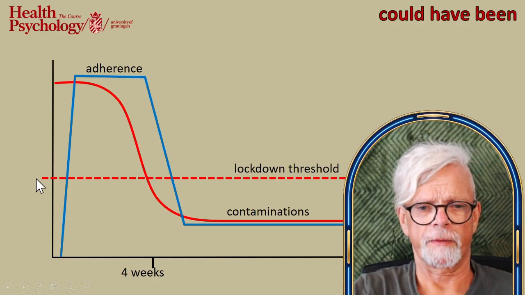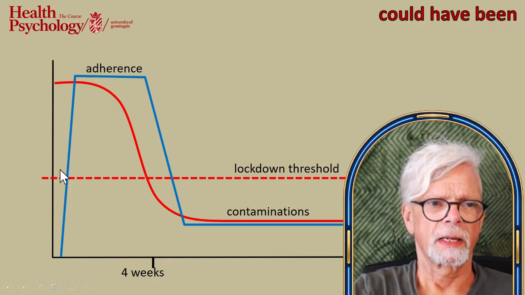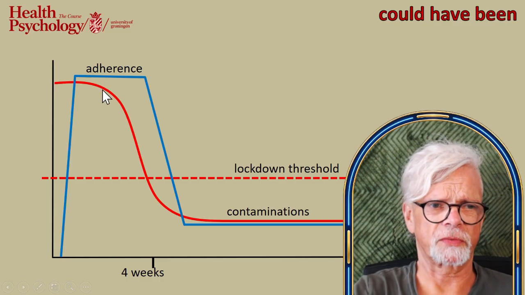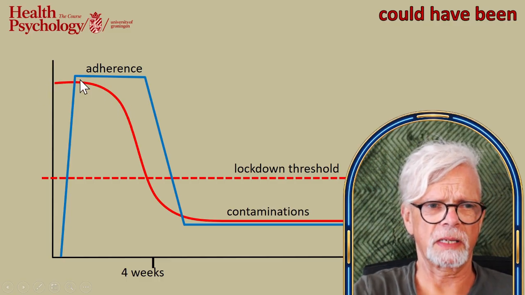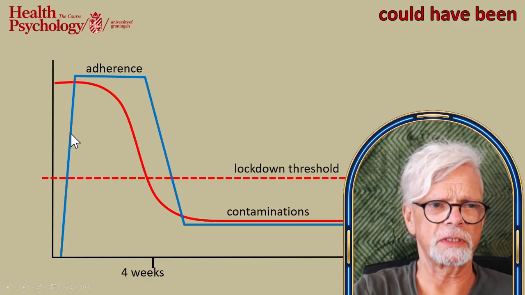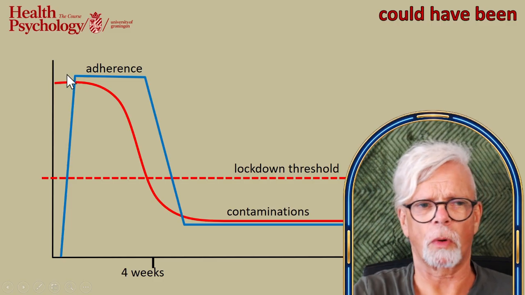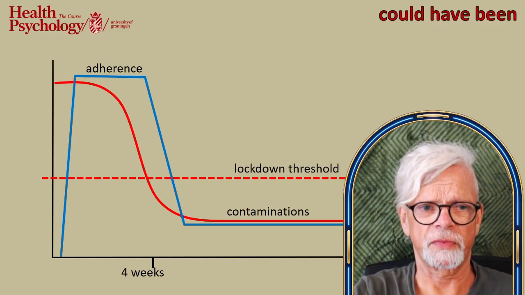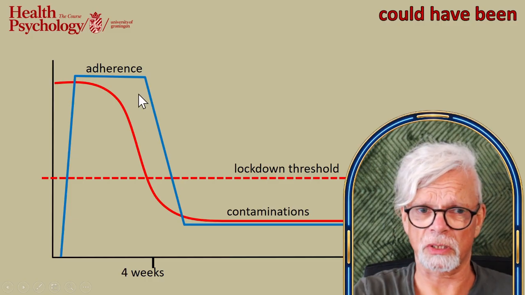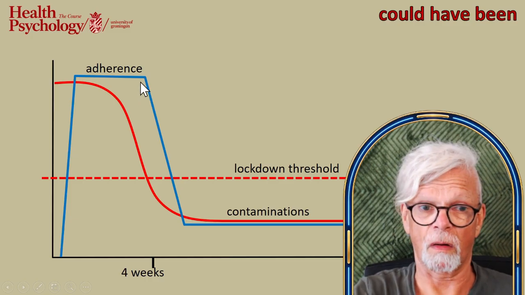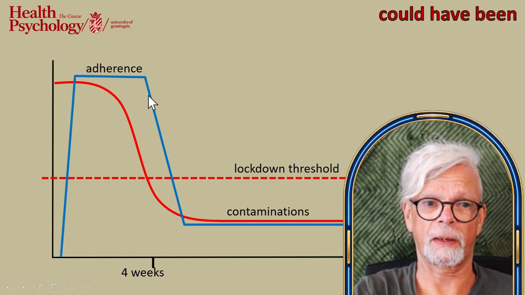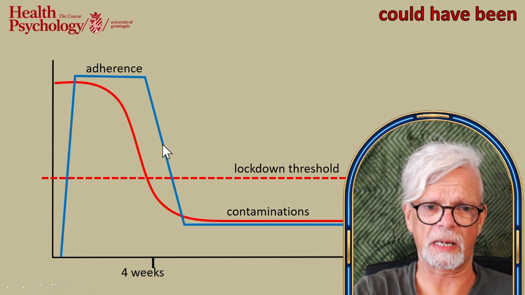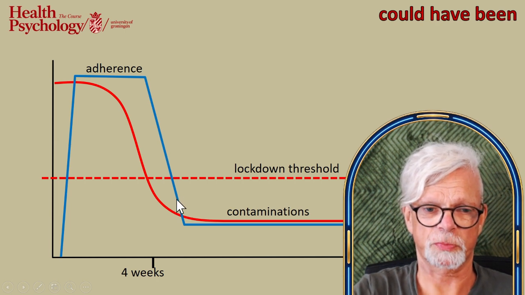So this is what it could have been. Those are the contaminations. And then imagine that people indeed would adhere completely to all the rules. Then it's just a biological, epidemiological law that the epidemic would stop spreading.